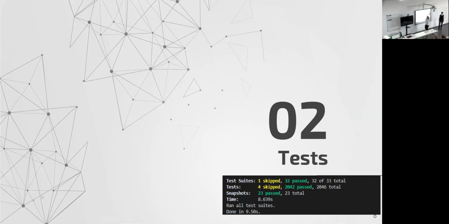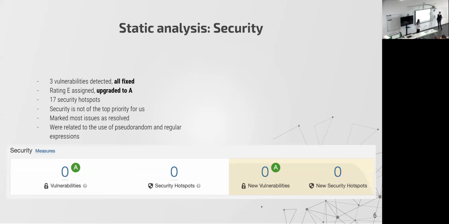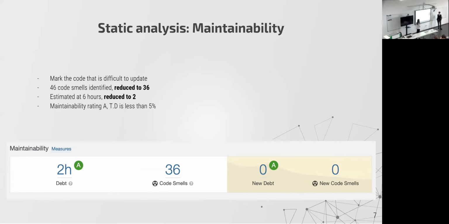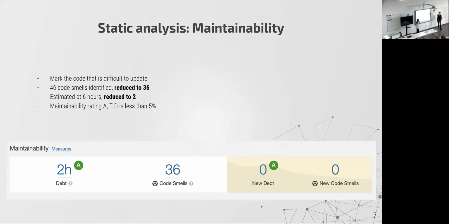And Sonar Cloud used these metrics: the number of bugs, the number of vulnerabilities and hotspots, technical debt in hours, and the number of code smells. So those are the metrics that we relied on. Okay, thank you.